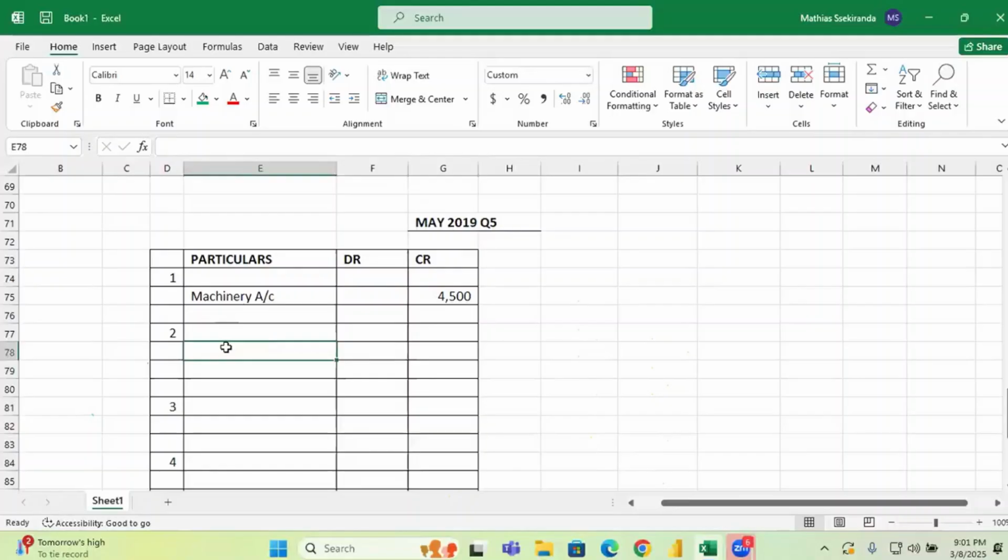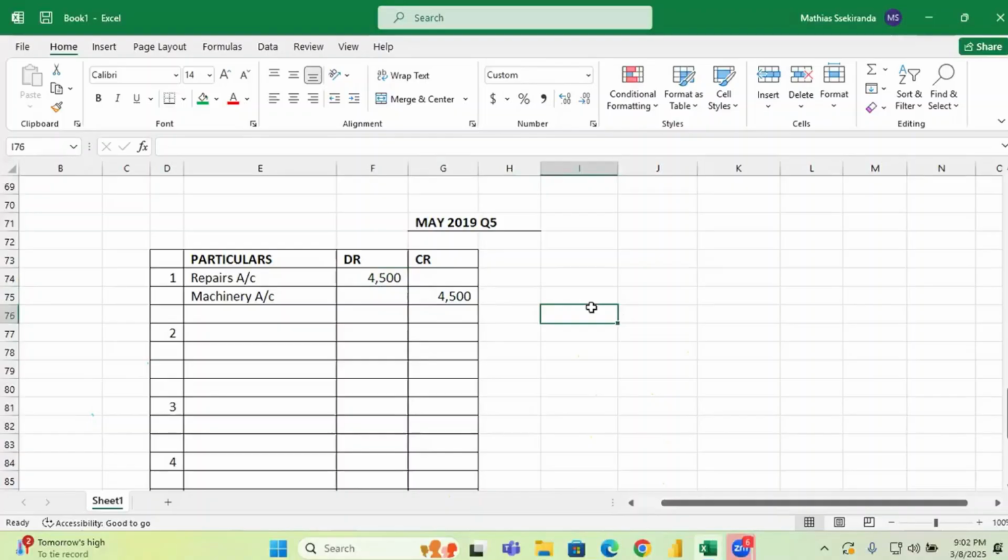Then number 3, correct the error. In the first place, we had to debit the repairs account 4.5. So do we have any difference between debit and credit? No. Therefore, we shall not have a suspense account here because the debit equals the credit.